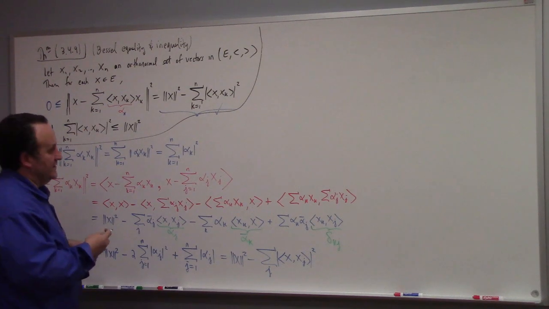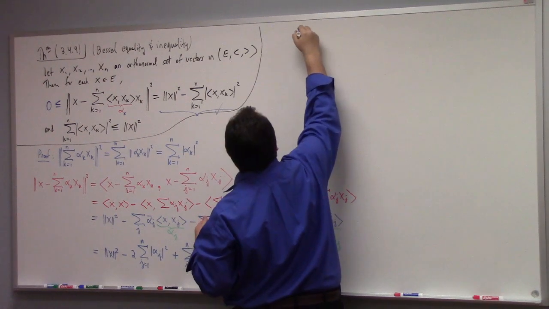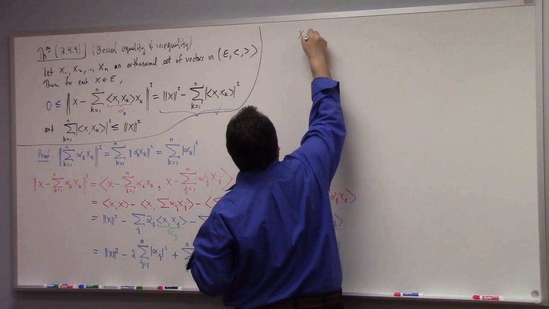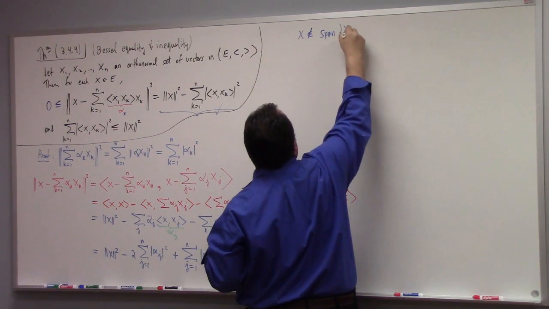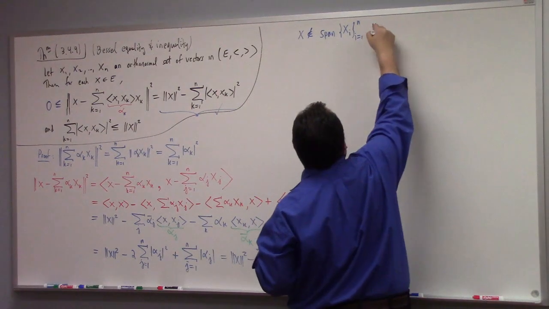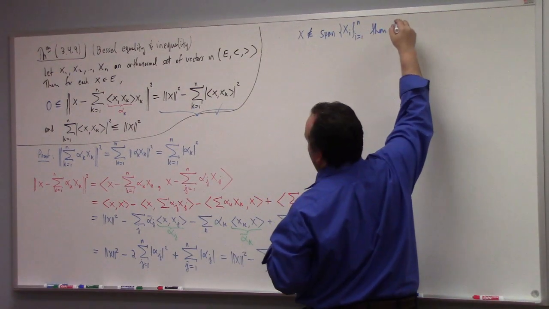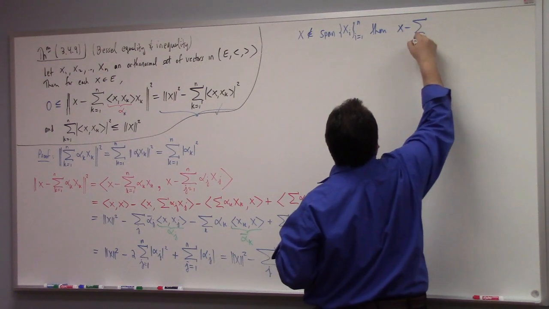So if you started with x not an element of the span of the xi, then x minus this, right?